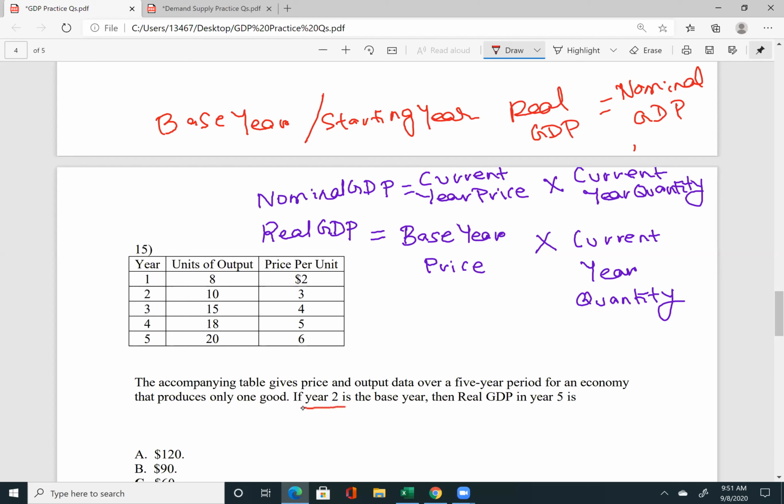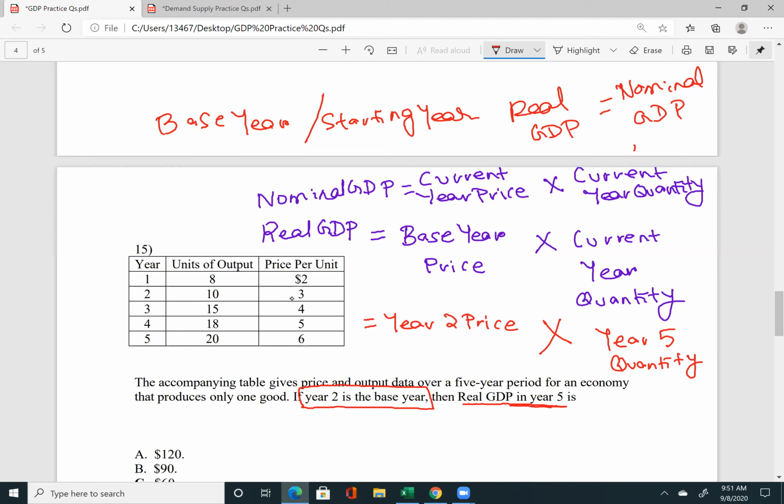All right, coming to this question here, any year can be the base year. It says year 2 is the base year. So what is the real GDP in year 5? Take a look at the real GDP formula. Real GDP is equal to base year price times current year quantity. So it's going to be year 2 price multiplied by year 5 quantity.